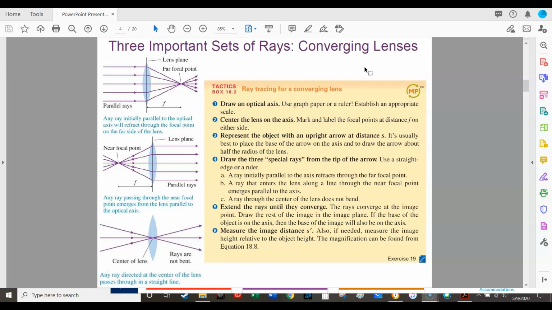But with converging lenses, instead of the light rays bouncing off and forming virtual images and real images, that's going to happen, but those terms are going to be reversed. Okay, so the procedure is the same. You're going to draw the optical axis, which is this mid-axis that cuts the lens in half. And then we're going to mark a line to draw the center of the lens.